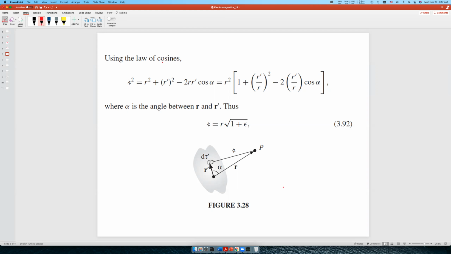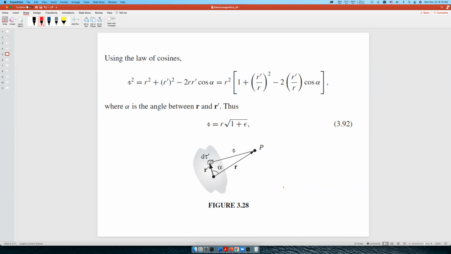And using, again, the law of cosines, R squared equals R squared plus R prime squared subtracted by 2 R prime R cosine alpha, where alpha is the angle between R and R prime.